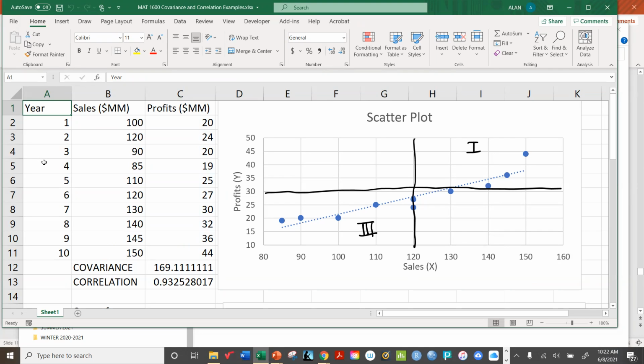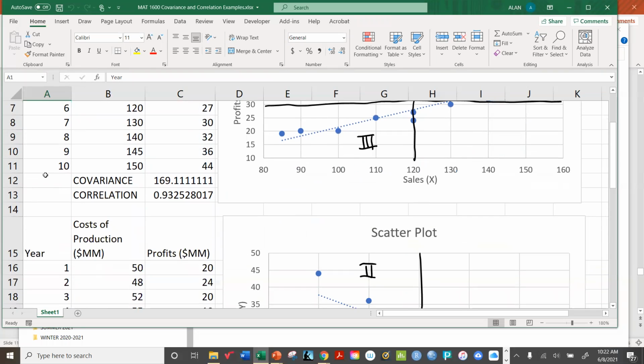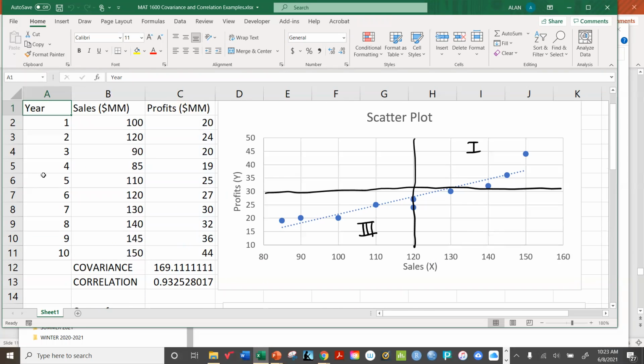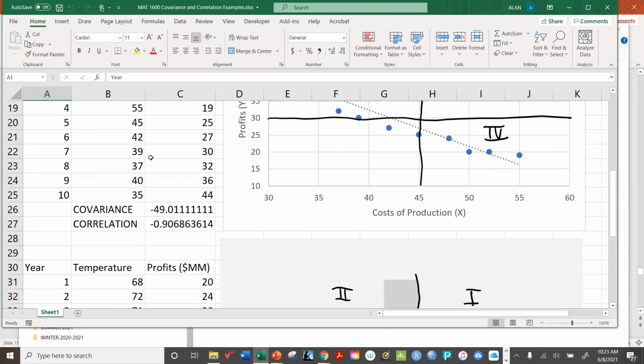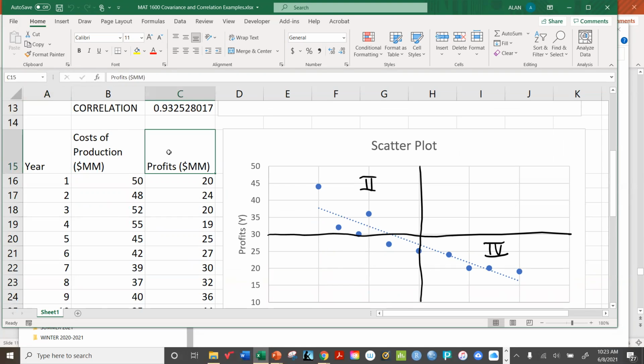Now, is there another possible relationship between two variables? Of course. What about this case? What if I'm looking at not sales and profits, but costs of production and profits? If my costs of production go up, my profits will tend to fall and vice versa. So I plotted these out in the same setup in the scatter plot.